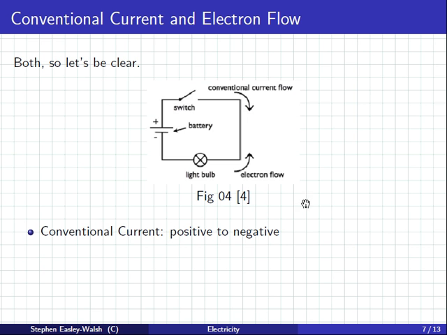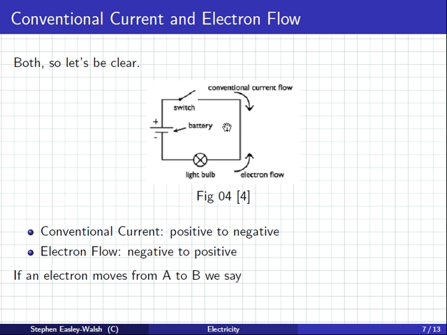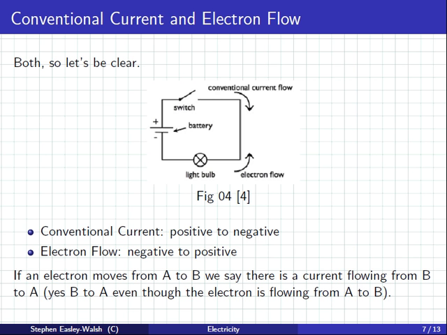In this picture, we say the current flows from positive to negative, but actually the electrons flow from negative to positive. So just to be clear, if an electron moves from A to B, we say there's a current flowing from B to A. Yes, B to A. I know this seems a bit confusing.